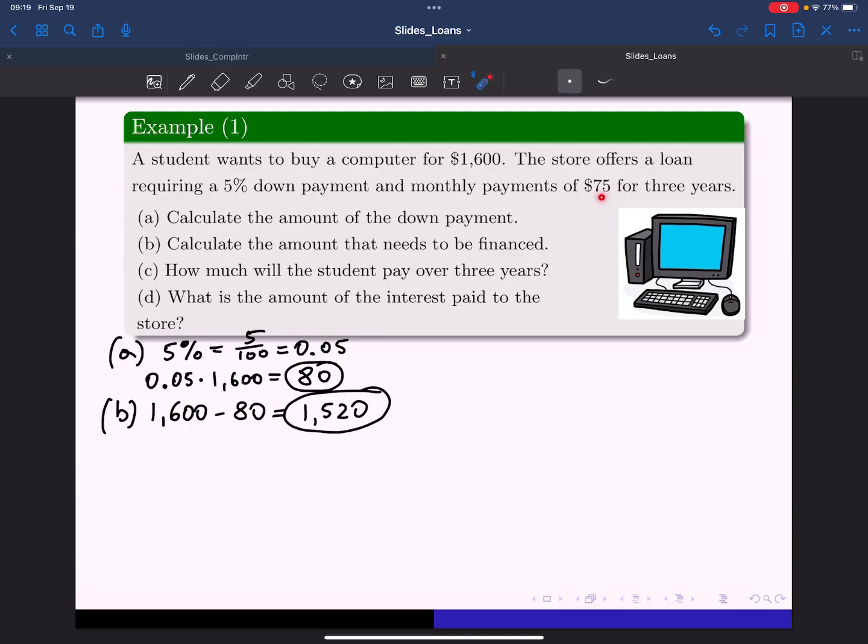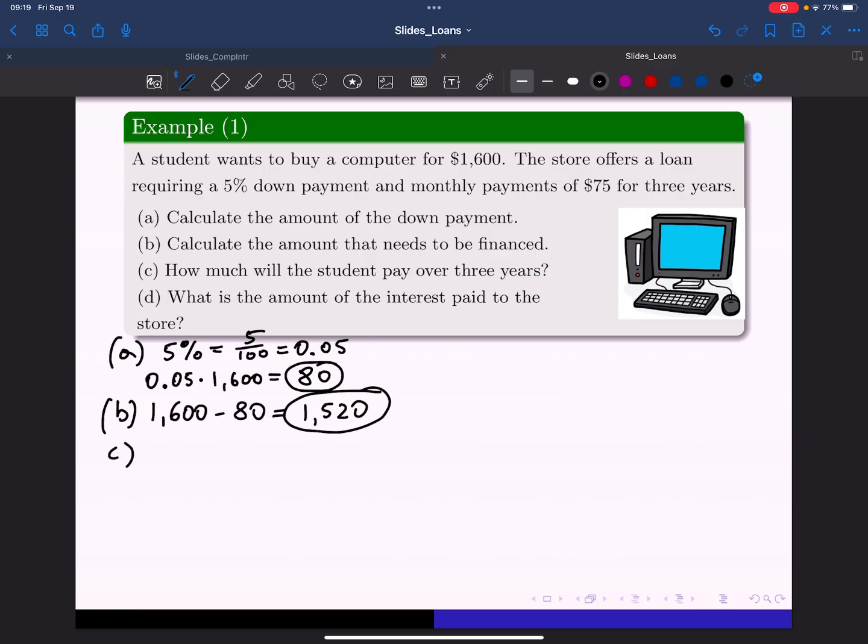Now, how much will the student pay over 3 years? The student pays $75 every month. In the first year he pays 12 times, 12 months in the first year, another 12 months in the second year, and another 12 months in the third year. So how many times does he pay?